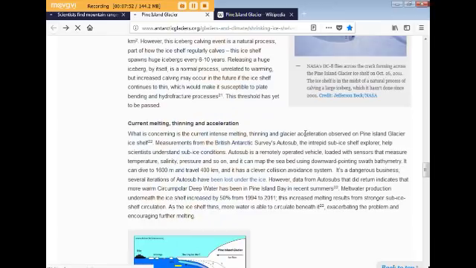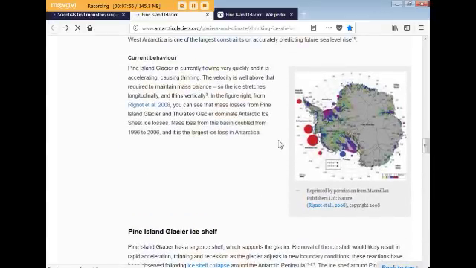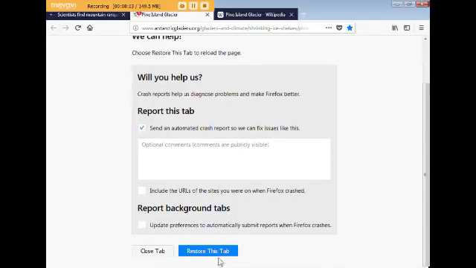This is another website that talks about the Pine Island Glacier. Now, here's a really good map. This is where I got the map that I showed you earlier. It's a fast-flowing ice stream. Pine Island Glacier is one of the largest ice streams in Antarctica. Now let's hope this cooperates.